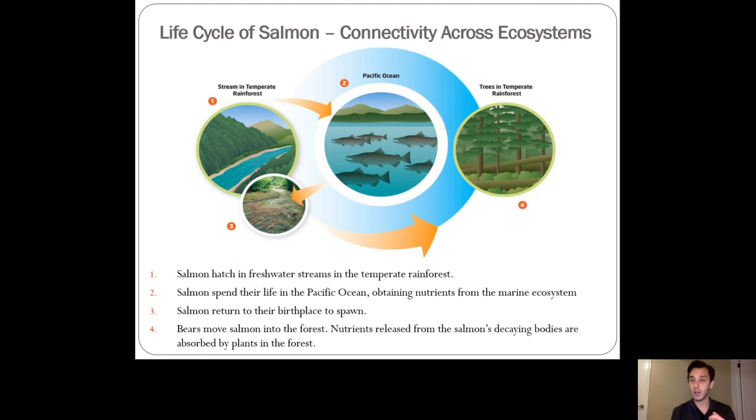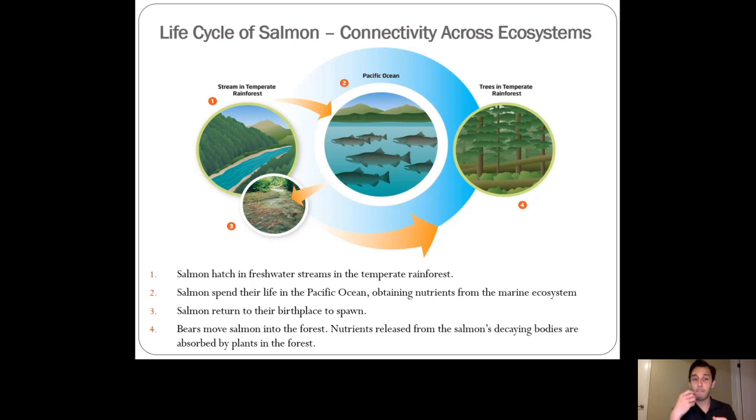That's typically their lifestyle. They're born in fresh water, then they go with the current back down to the Pacific Ocean in salt water, okay? They live their lives. When they're ready to mate, they return. They swim upriver against the current, back to the place they were born, okay, to lay their own eggs, and that'll be the next generation of salmon, and it repeats.